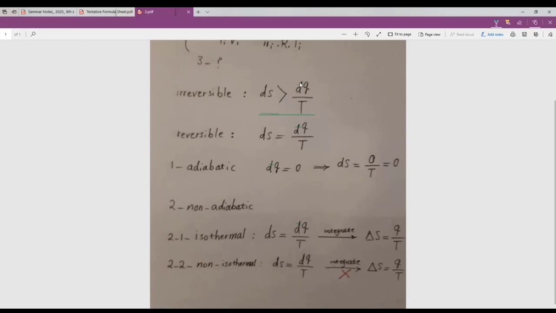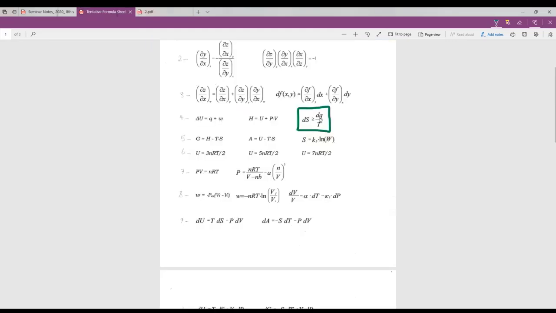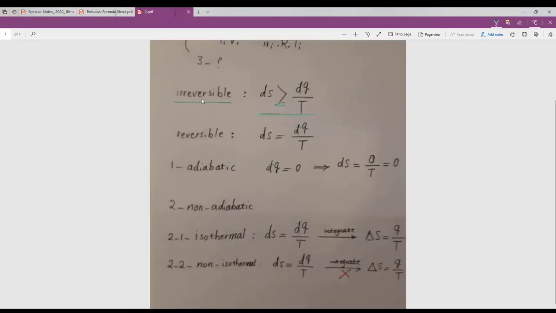So there should be a difference between their derivatives, and that's why we use crossed d here for q. This inequality is used only for the case where the process is irreversible.